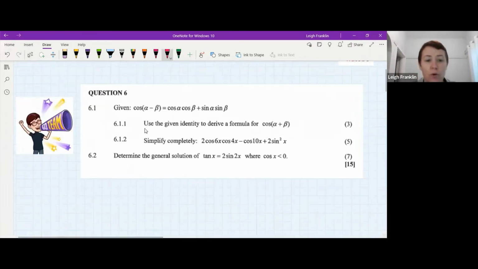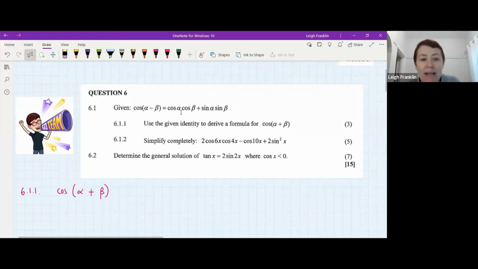In question 6.11, they want us to use the given identity, cos A minus B, to derive a formula for cos A plus B. This is how we would do it. We start off with cos alpha plus beta.